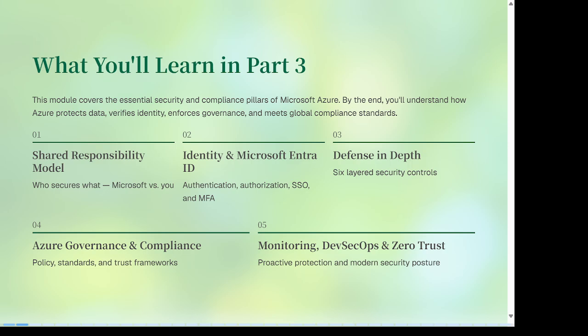Okay, let me ask you a question. If you were migrating your company's applications to the cloud today, what would be your biggest concern? Would it be security, or protecting customer data, or meeting compliance requirements, or making sure only the right people have access?